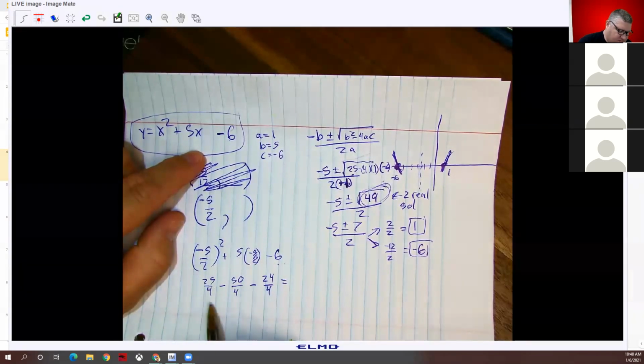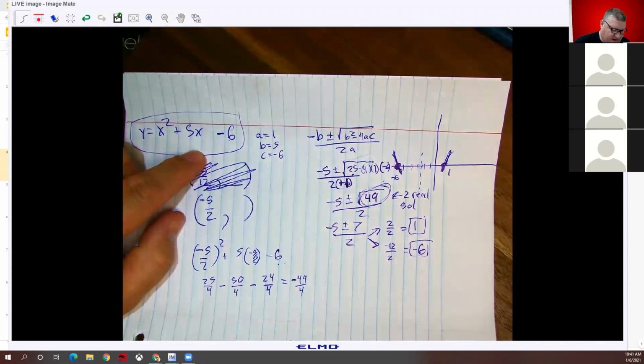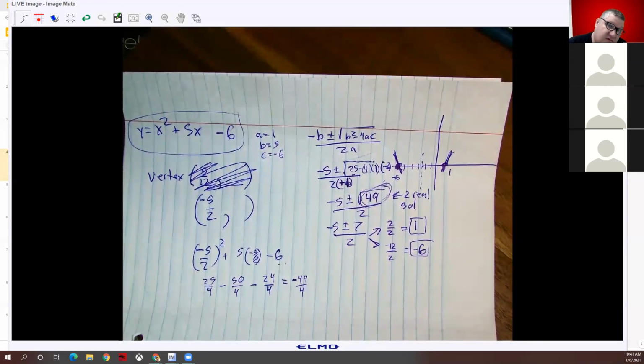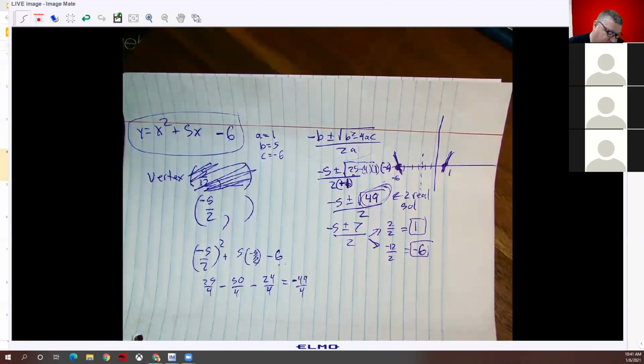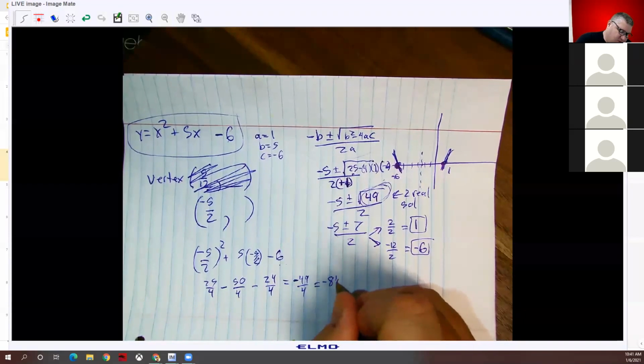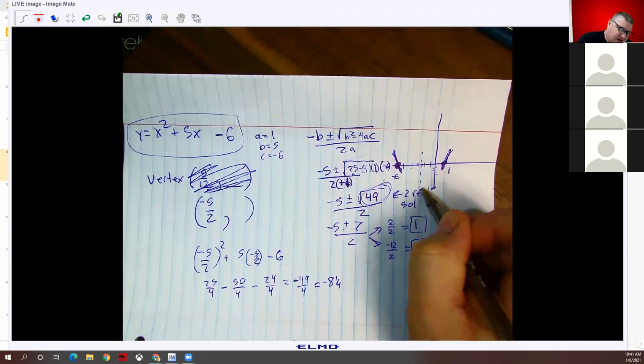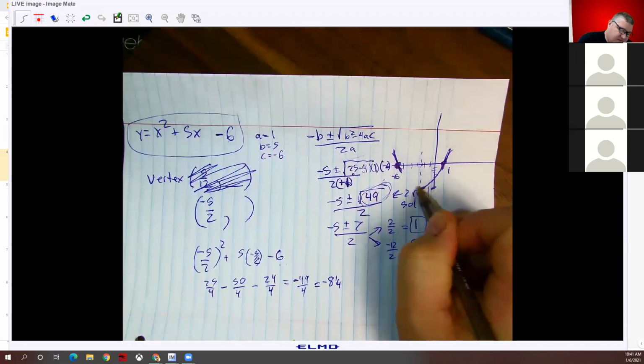Yeah, negative 49/4. And so negative 49/4 is negative 8 1/4. So I would go down 1, 2, 3, 4, 5, 6, 7, 8, and a little bit, and it's going to be way down here.